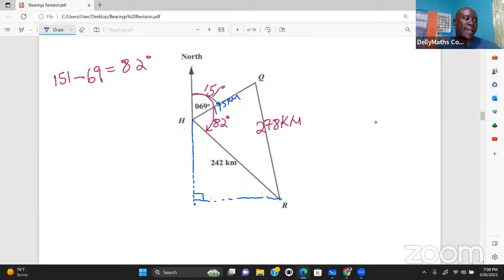So that's the idea you want to think about, right? Coming down south and then heading east. That means we're going to have a 90-degree angle right here, right? Then now, when the question says how far, that means they want you to find this distance here. This distance from H to here.